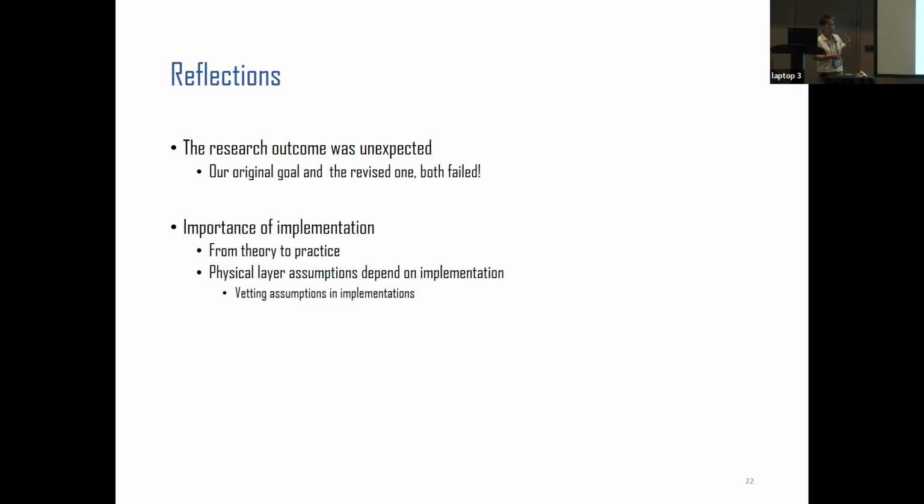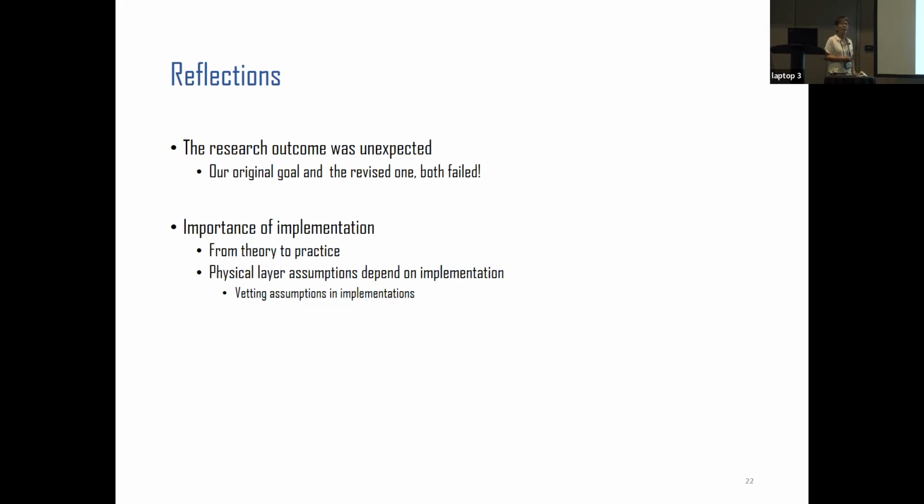And so the importance of vetting the assumptions that you are making in the particular environment that you are implementing the system. In our case, we knew that when you have software-defined networking, you are sure that the path is going to be followed. You cannot have this assumption on the internet, where you don't know where the packet is going, but in software-defined networking you do have this assumption, though there are other problems that you have to deal with.